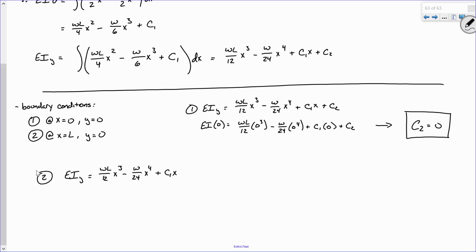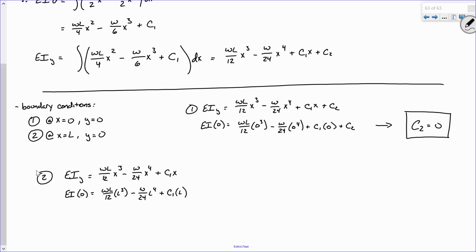So, EI times 0 is WL over 12 times L cubed minus W over 24 times L to the 4th plus C1 times L. Everybody okay with that?